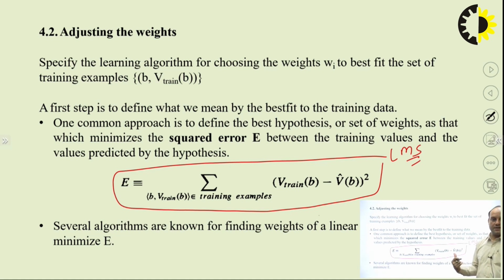According to LMS, the equation will be E is equal to the summation of V train B minus V dash B. Using this rule, I am going to adjust my weights W. When the error comes, I will feed this error back to the network and adjust the weights. Again I will calculate, and this will go on iterating. We have a lot of legal moves, and out of those legal moves, we will choose several best moves. Okay students.